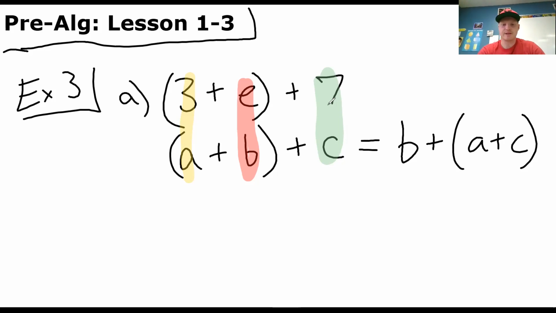So our B in this scenario is E, and we know that from looking over at our initial equation. Our A is 3. Oops, we don't want to use red anymore. Our A is 3, and our C is 7.